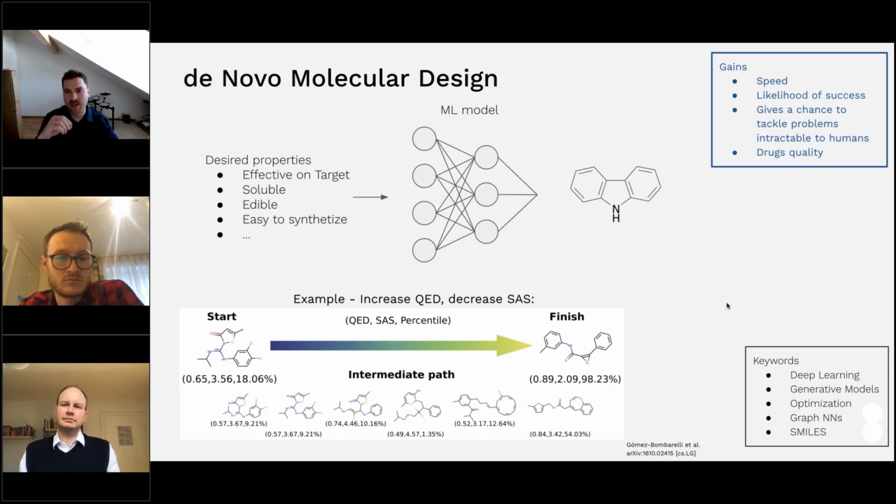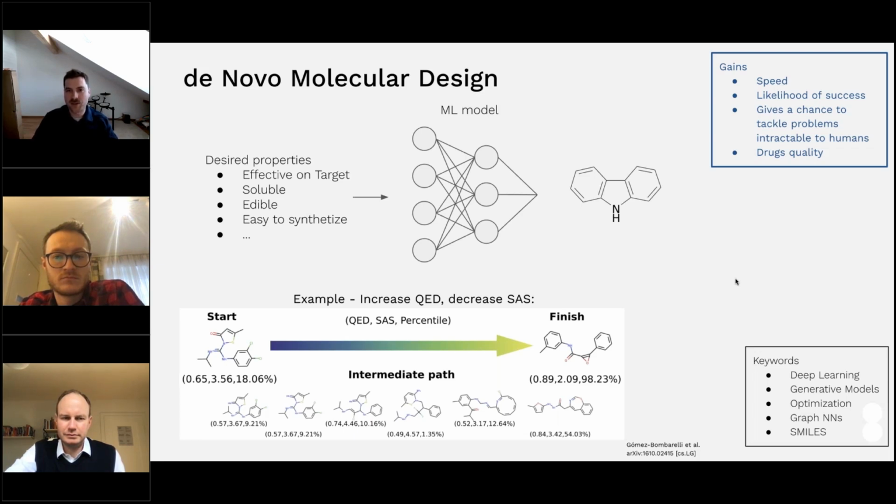One is called QED, quantifying how drug-like the molecule looks. And SAS is something they want to minimize. It means how complex it is to synthesize. And you can see, if you compare the start with the finish, that the QED increases a lot and the SAS decreases a lot. And this is just a machine learning model proposing these new molecules.